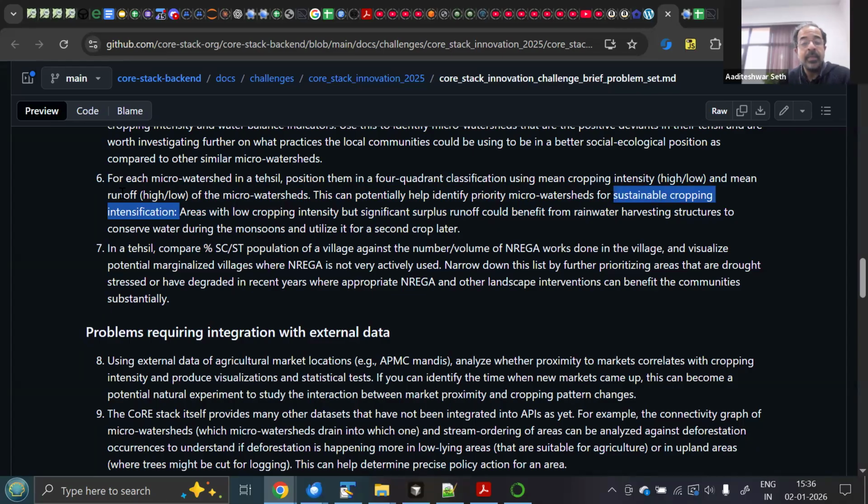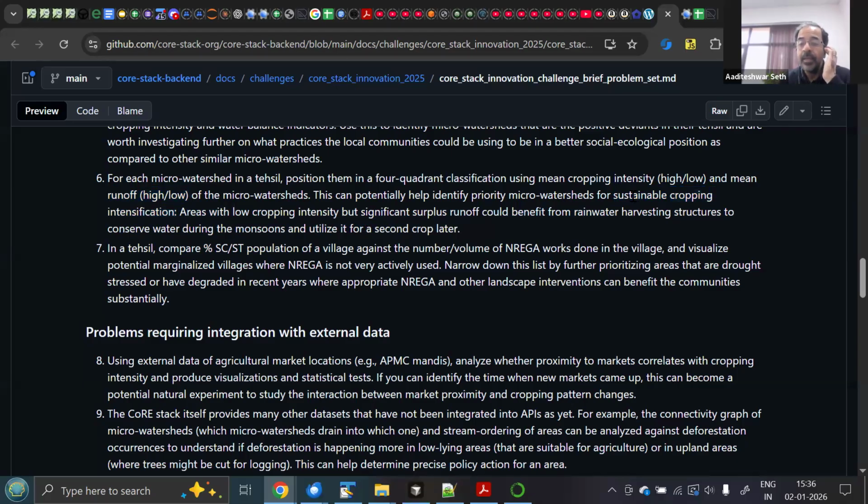The sustainable way is that if there is a lot of surplus runoff, then by constructing check dams and trench cum bunds and so on, you reduce the runoff. You keep the water in the micro watershed and you use it to fill up your farm ponds. You use it to recharge wells so that you can do more cropping. You can increase your cropping intensity.